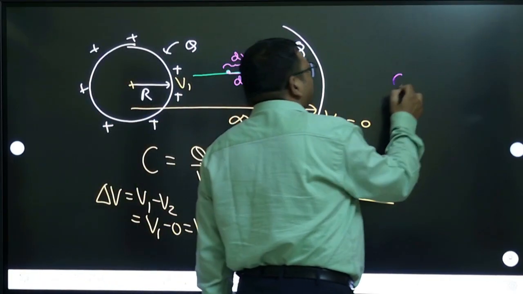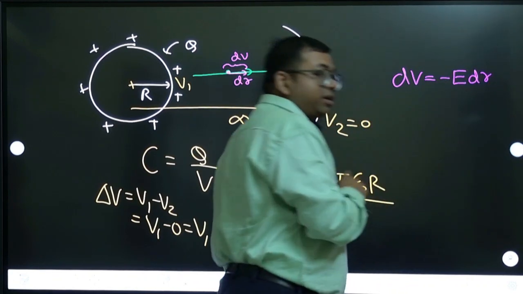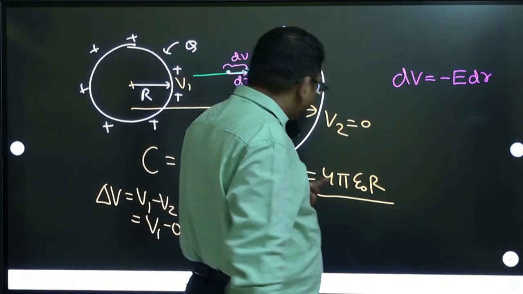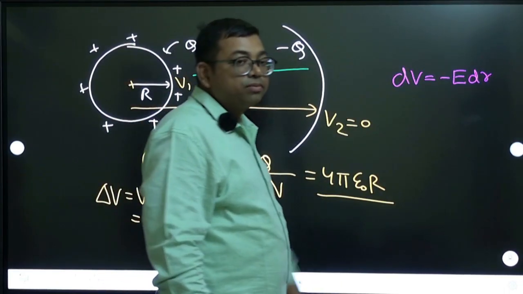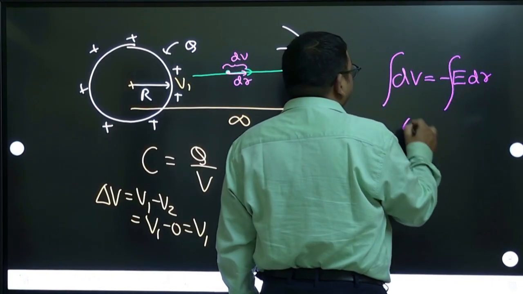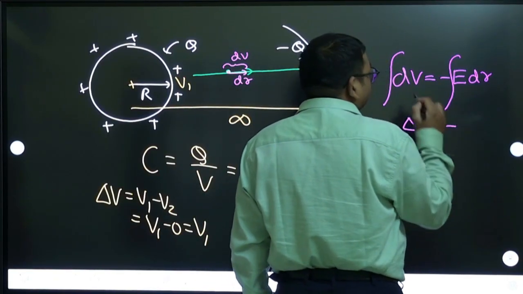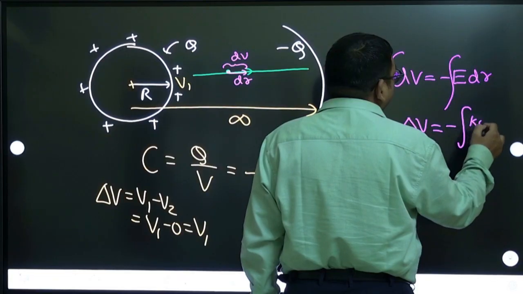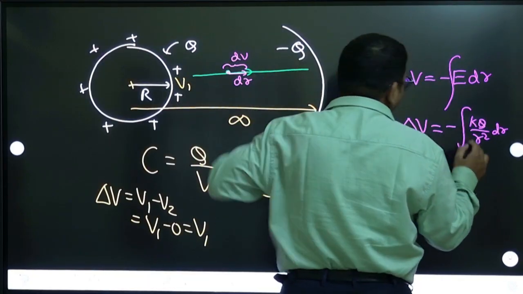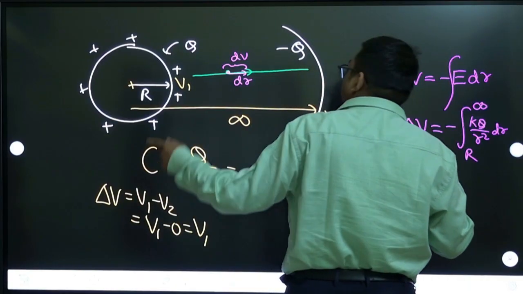We know this very fundamental formula, dV is equal to minus E dr, or E dot dr, because you can calculate dV using this formula. So you can integrate then. This will be the change of potential: minus electric field, whose formula is kq by r square, dr, and you are going from the surface to infinity, so capital R to infinity. So you get the change of potential.